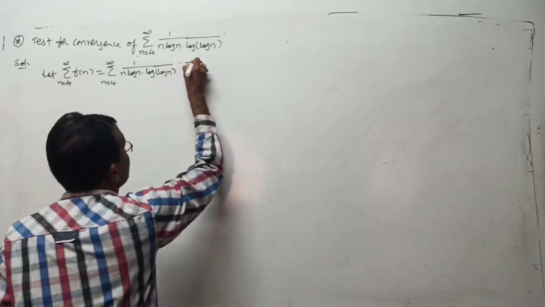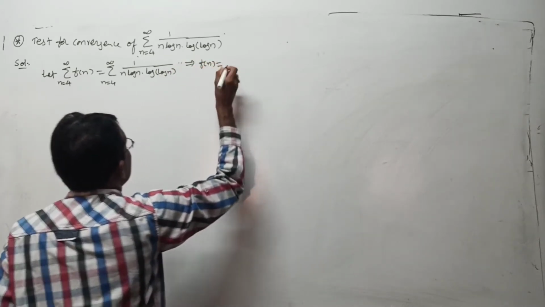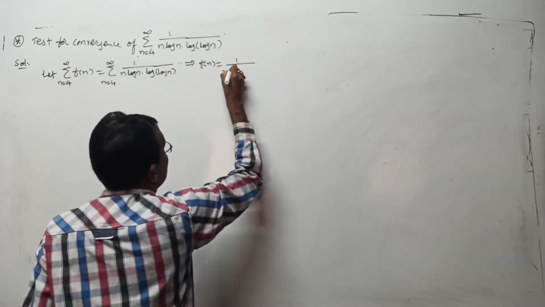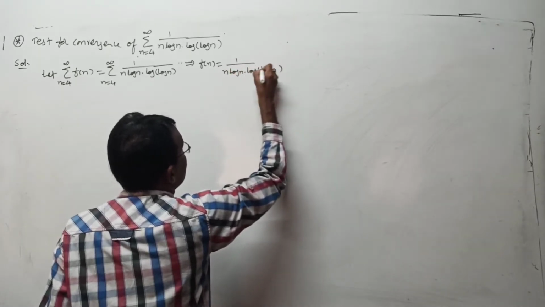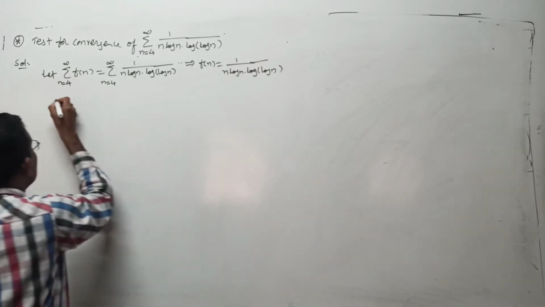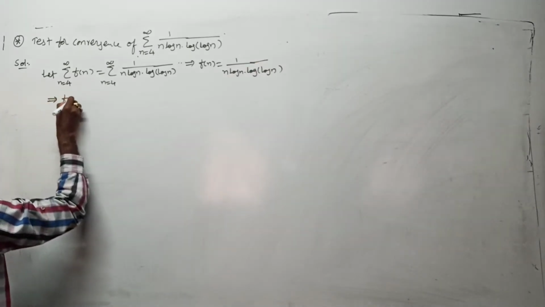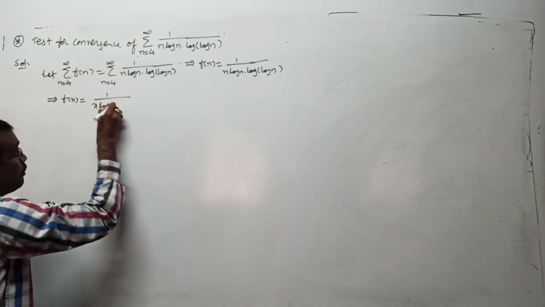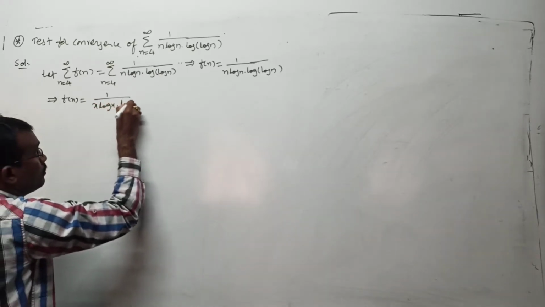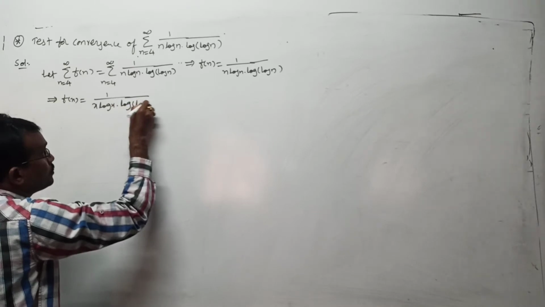This implies f of n is equal to 1 by n into log n into log of log n. This implies what is f of x here? 1 by x into log x into log of log x.